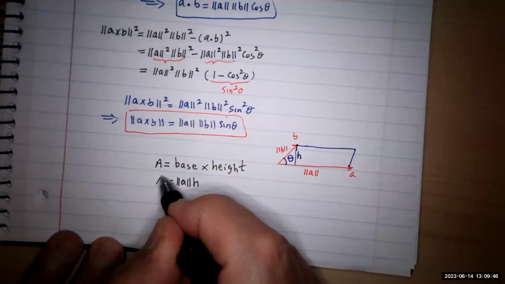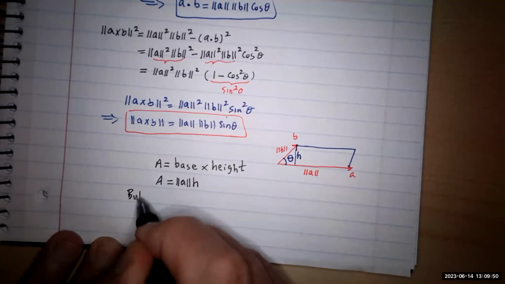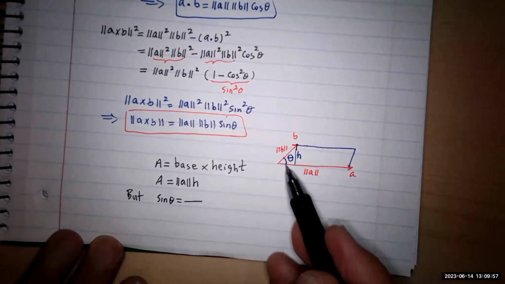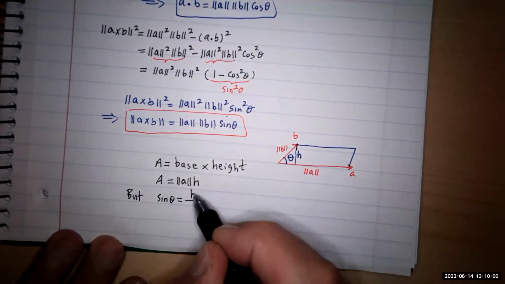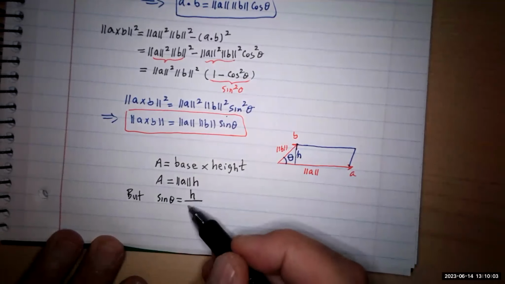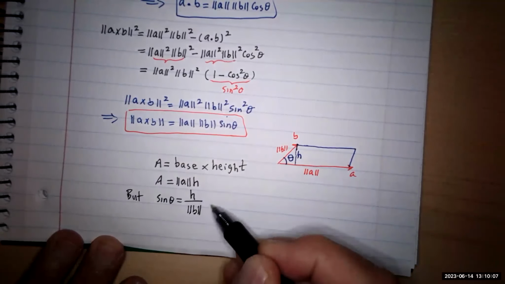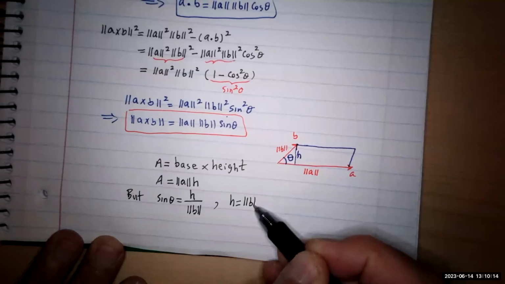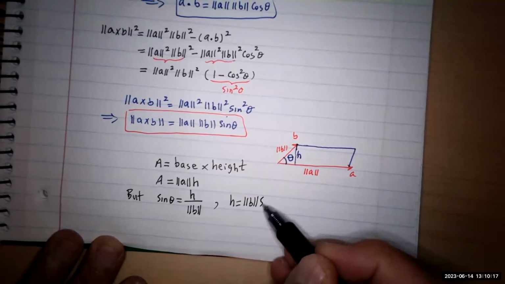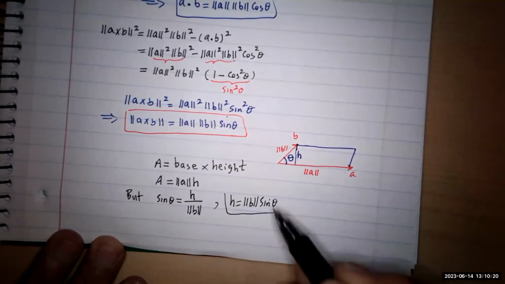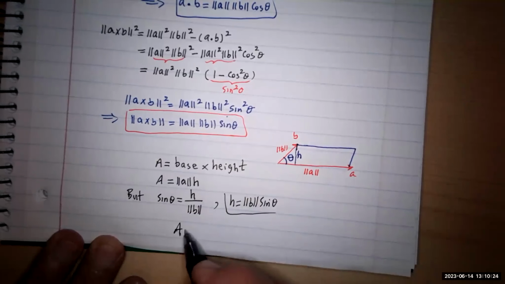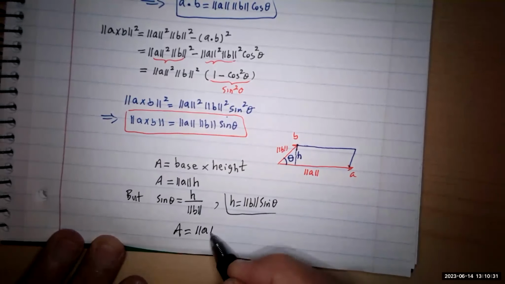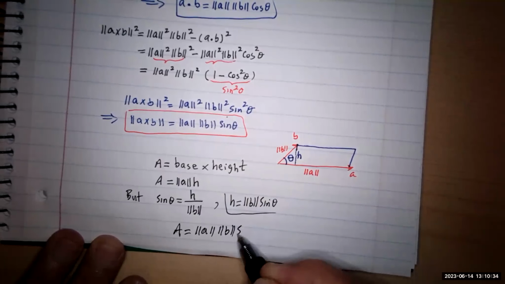If you want to find the opposite side, you can use the sine. The sine of theta is the opposite side, which is H, divided by the hypotenuse, which is the norm of B. If you cross multiply, H would be the norm of B times the sine of theta. If you substitute here, the area would be the norm of A, norm of B, sine of theta.